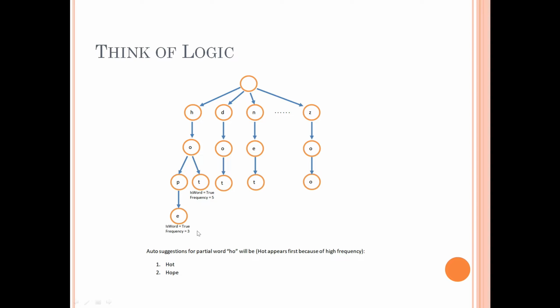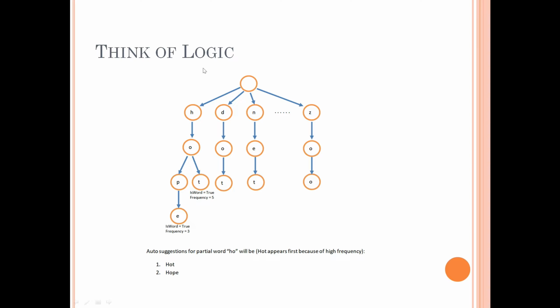And this is how we are going to store words and frequencies together in this trie. Now take an example. User is typing something and he types HO. Now we know from HO there are two words, HOPE and HOT.